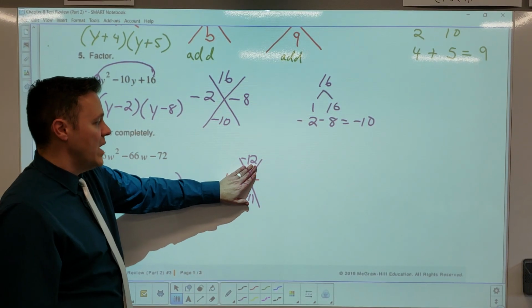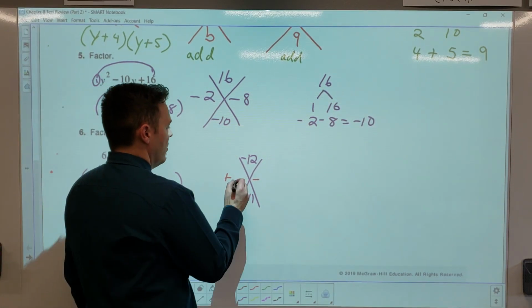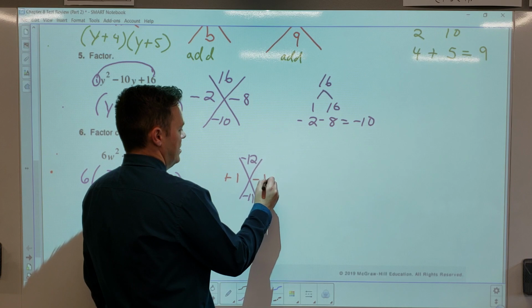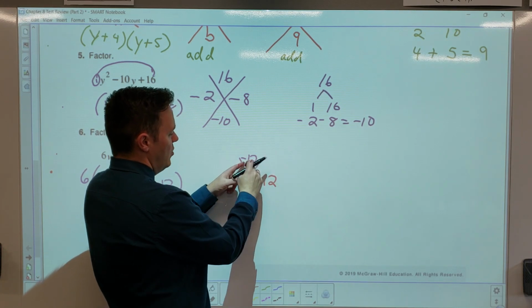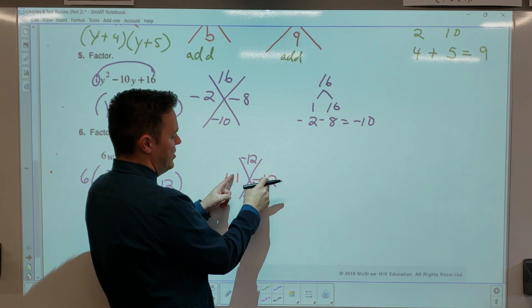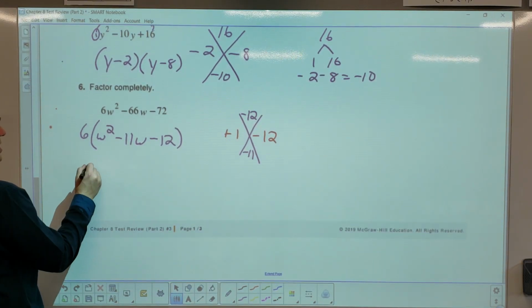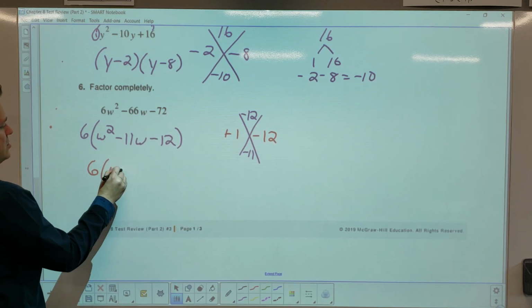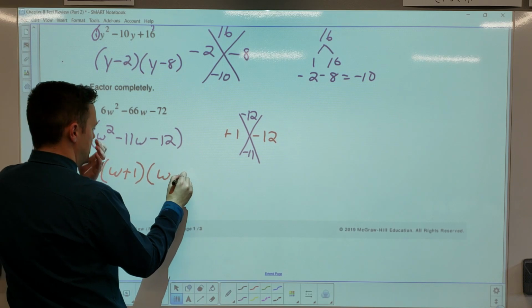What two numbers would multiply together to make 12, but when you subtract them would be 11? Well, of course, that would be 1 and 12. Okay, so it'd be 1 minus 12 would be negative 11. Multiply them together, you get negative 12. So my setup, your answer is going to be 6 times (w plus 1)(w minus 12).